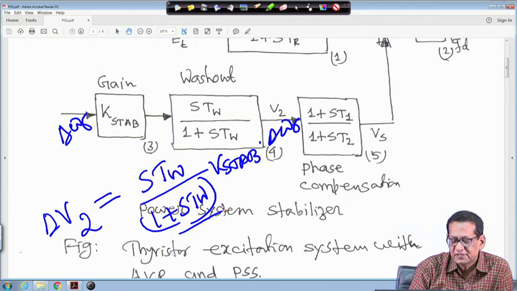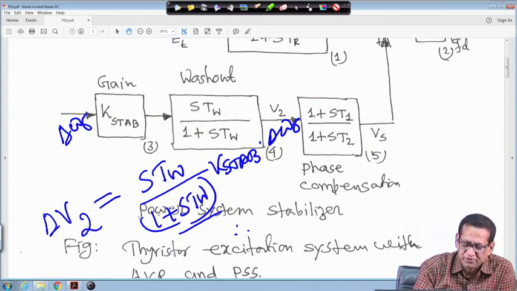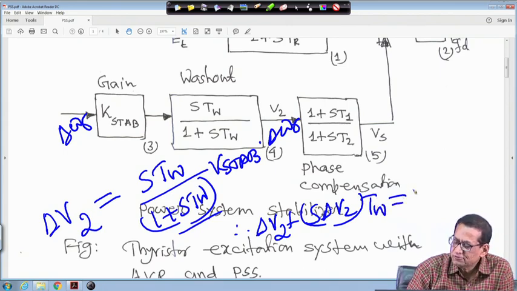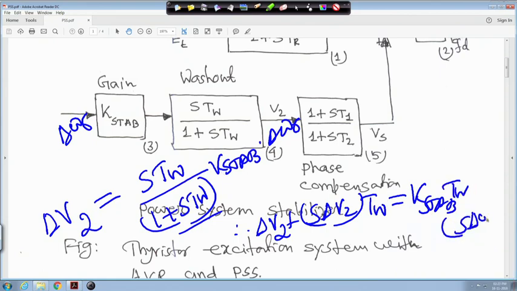This is your delta V2 is equal to, right. That means I am overwriting it. If you cross multiply, it will be delta V2 plus S delta V2 times TW is equal to K stabilizer times TW times S delta omega, right.